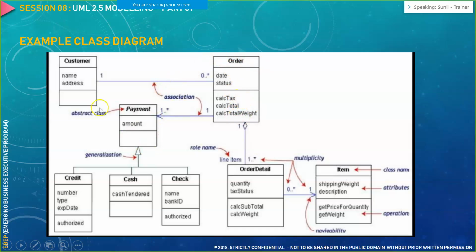Now there is something called association here. Associations are represented by simple lines. For example, between customer, order and payment. Now when you see this 1 and 0..*, what does it mean?